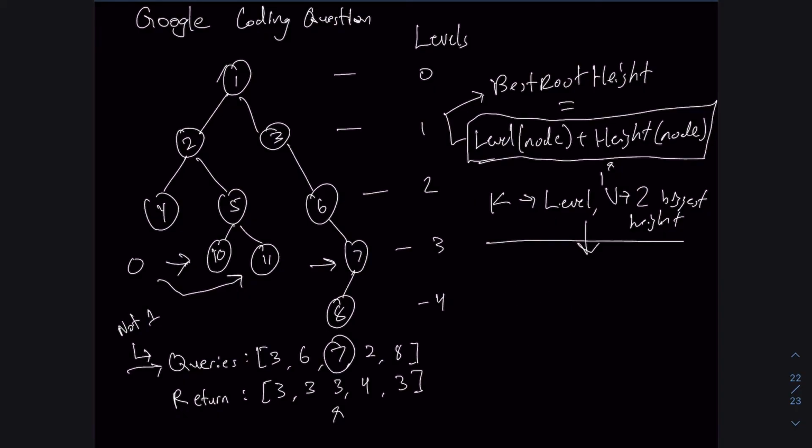So let's take a quick look at another example. Another really good example that we should look at is this query at 8. Here, there's only one item in the mapping, right?